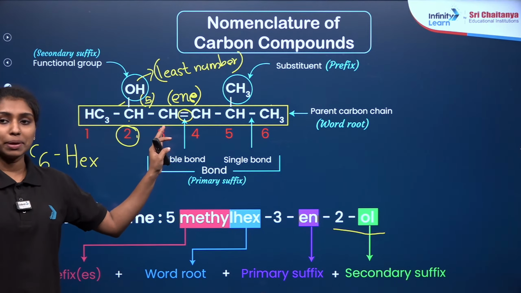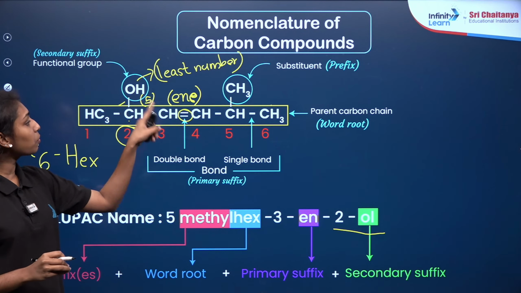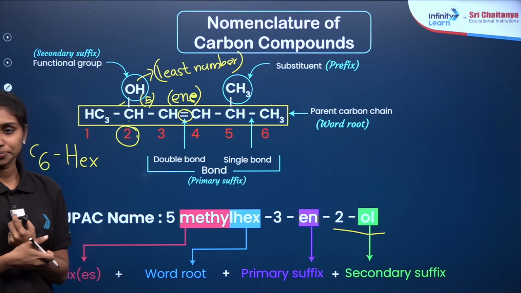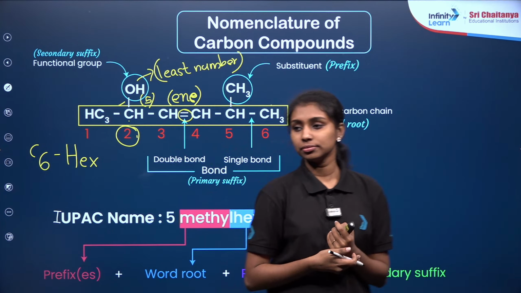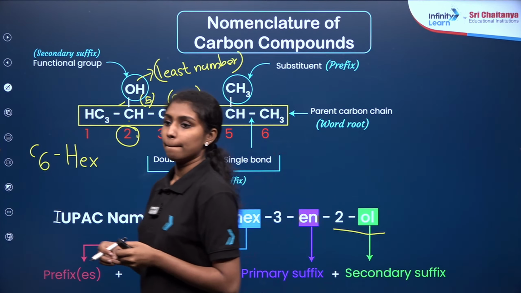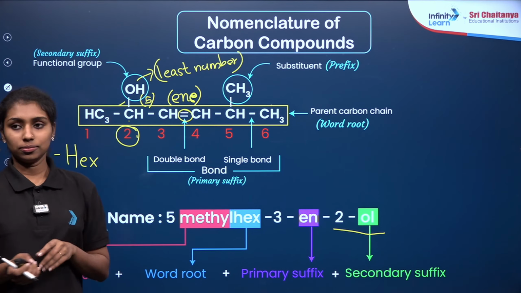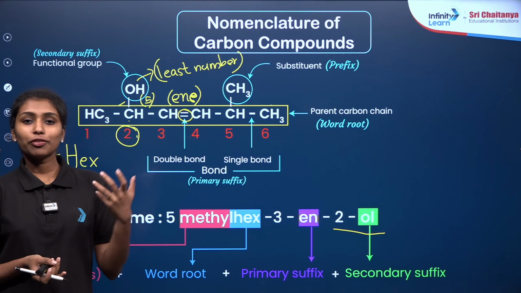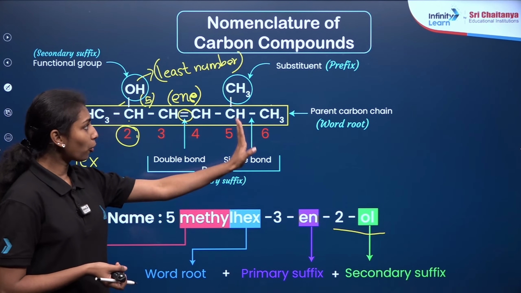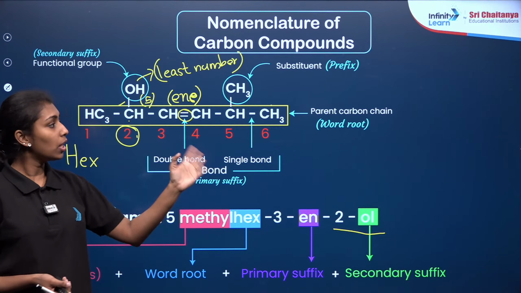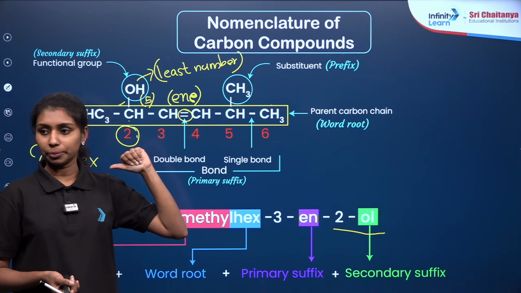Here, by example only, I am giving an idea that OH has more priority than the double bond here. Clear? If I give the complete table of the priority group, you will get confused because we already have 3 or more tables to memorize now. So by examples only, I will give the priority order. Fine?